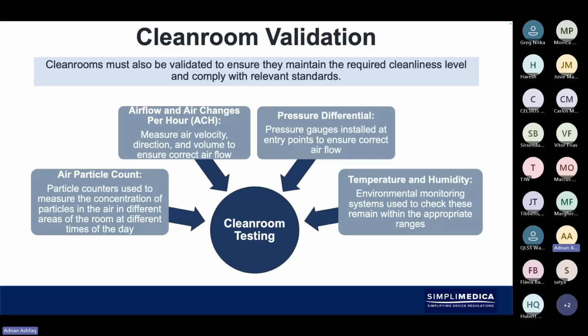So the clean room itself needs to be validated. So have you reached the required levels of testing? This is where in the clean room testing, you would then do air particle counts, measuring the concentration of the particles in the air flow. So there can be different times of the day. Also, the airflow and the particle count can be affected by body movement and traffic coming into the clean room.